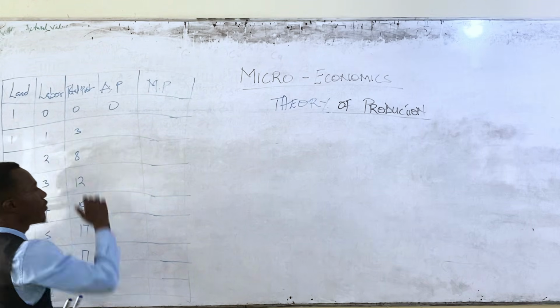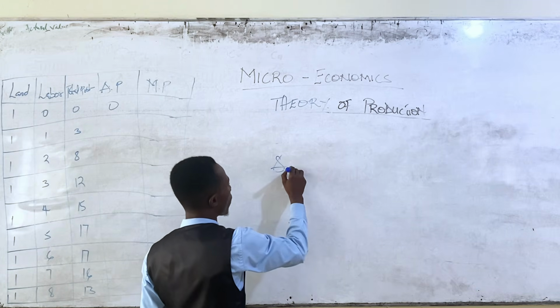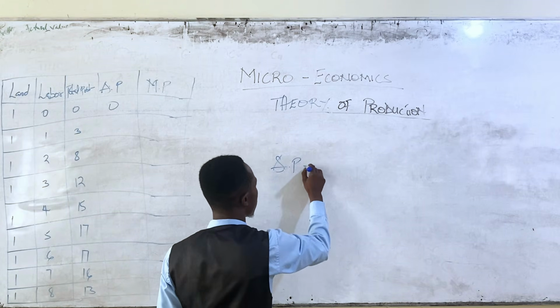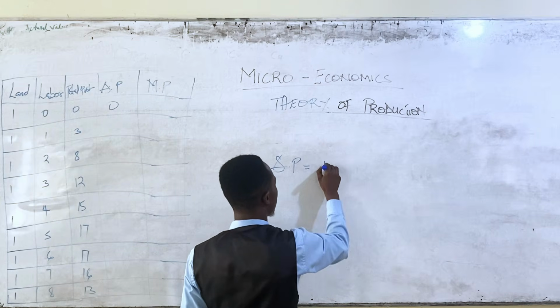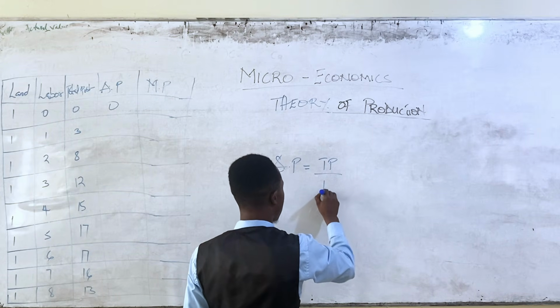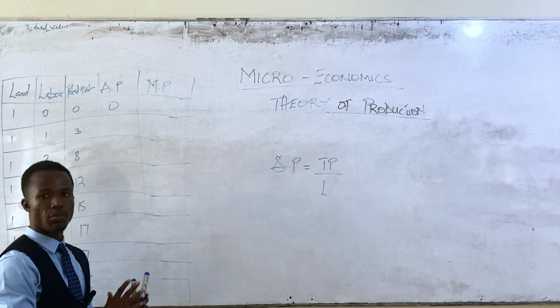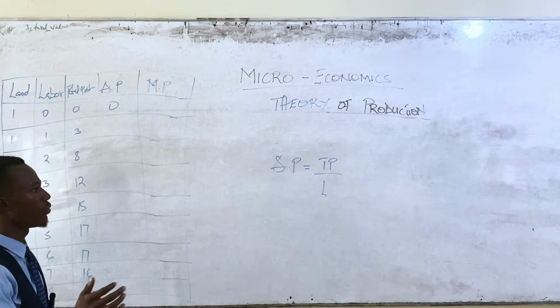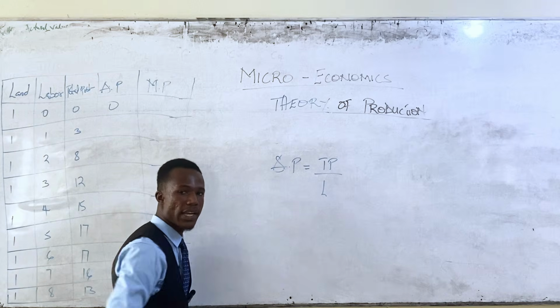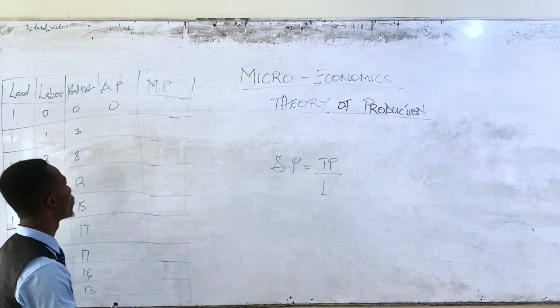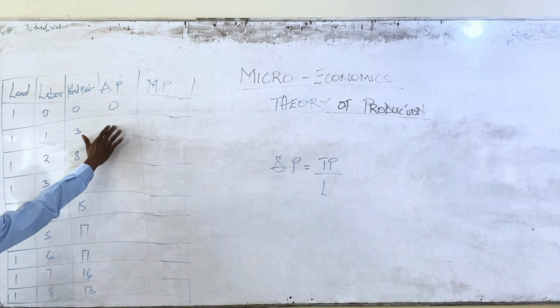So for average product, AP is equal to your total product divided by the labor at the same level. If you are using the total product for level 3 or level 4, you divide it by labor at level 3 or level 4. Here is level 2.